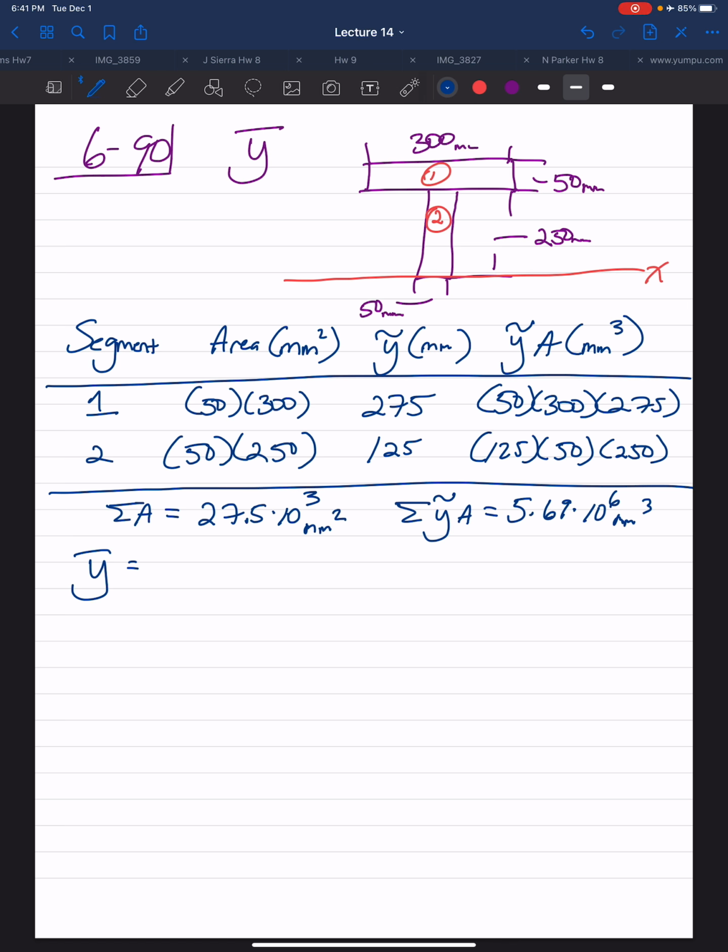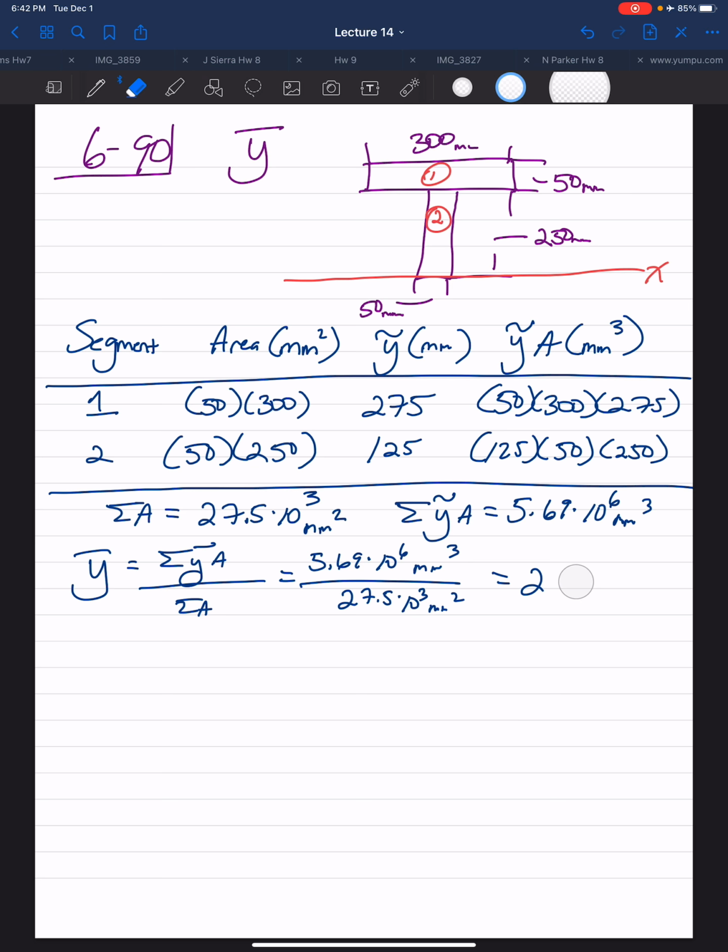So our y bar comes out to be approximately 207 millimeters.